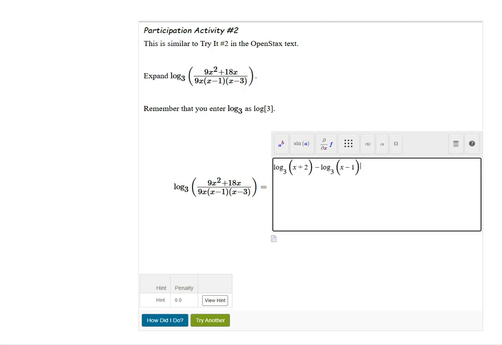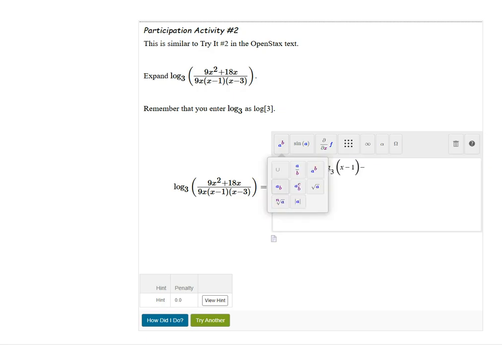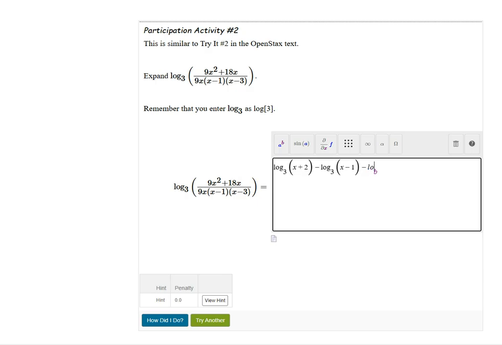Then it's another minus sign, and go to the toolbox again, hit the A sub B, LOG, scroll over, backspace, change it to a 3, scroll over, parentheses, x minus 3.